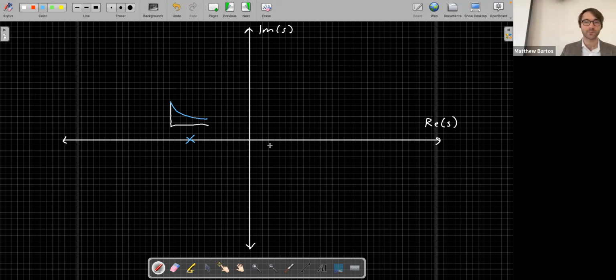Okay, very good. Okay, what if we have a pole on the real axis, but located more over to the left here? What does the response look like for that pole? Just visually. So first of all, what's the general type of response going to be?